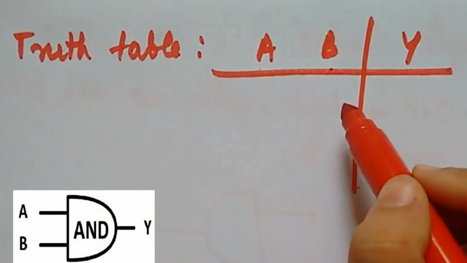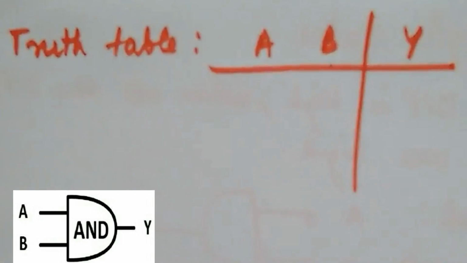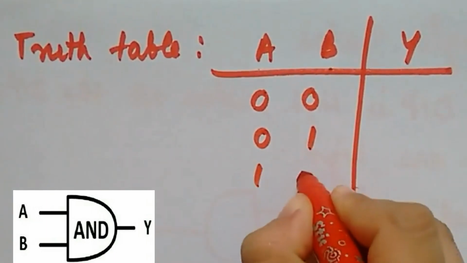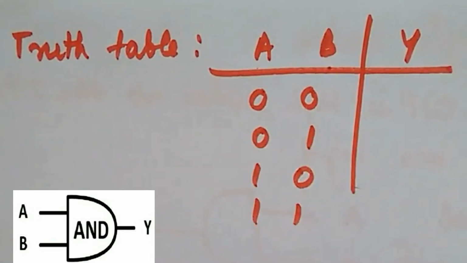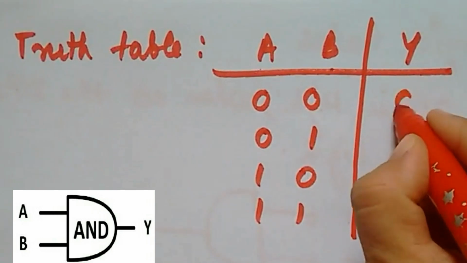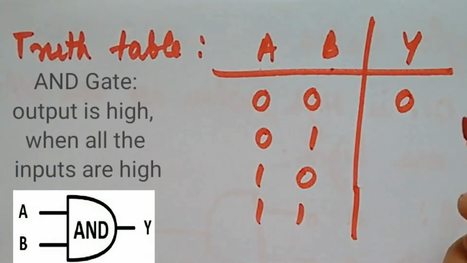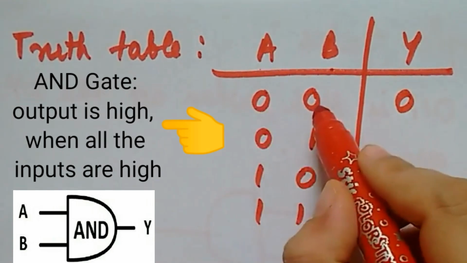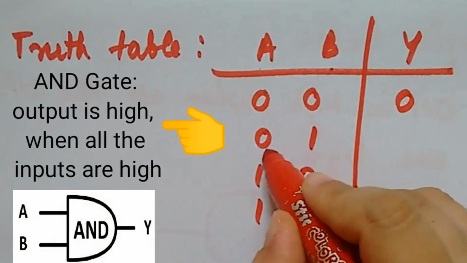So now the truth table. Here 2 inputs, a and b, and 1 output. The combinations are 0 0, 0 1, 1 0, 1 1. See, here both the inputs are 0 0, that means low, so output will be 0, because our condition was that the output is high only when the inputs are high.